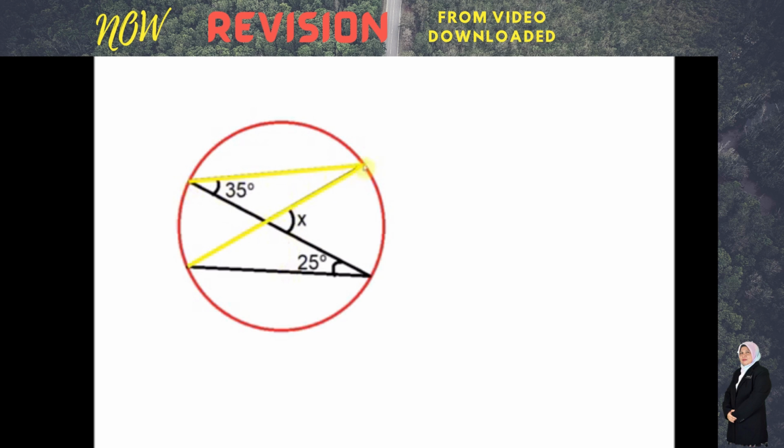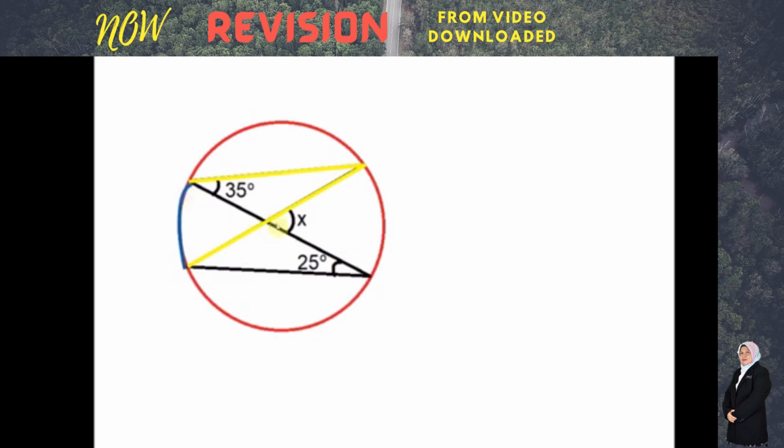The yellow line and the black line form angles here and here, which are angles at the circumference of the circle subtended by the same arc. For the yellow line and the black line, they form angles subtended by the same arc here, the blue arc.